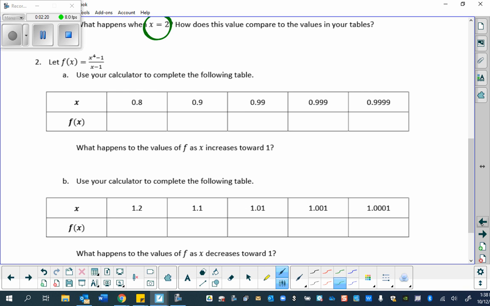If you look here, some trouble happened here because, of course, now we're talking about what happens when our denominator approaches the value of 0.